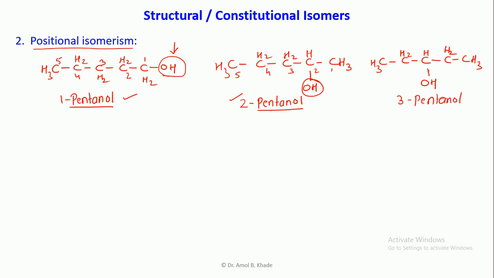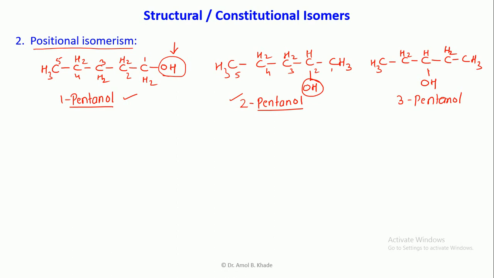What we want to say here is that 1-pentanol, 2-pentanol and 3-pentanol are isomers of each other. You can count the number of carbons and hydrogens in all these structures. There are a similar number of carbons, hydrogens and oxygen. But what has changed? The position of the functional group has been changed. The physical and chemical properties of each of these compounds are totally different.